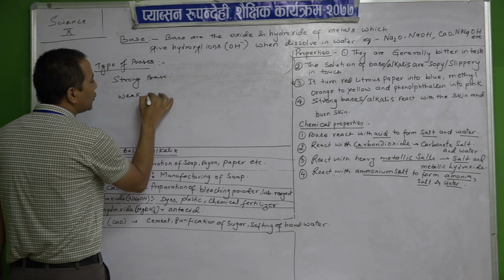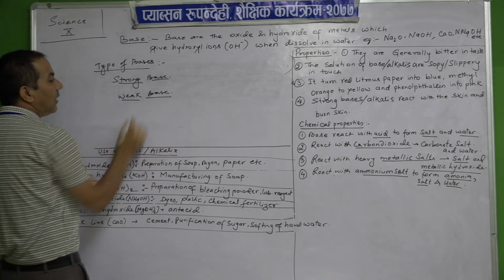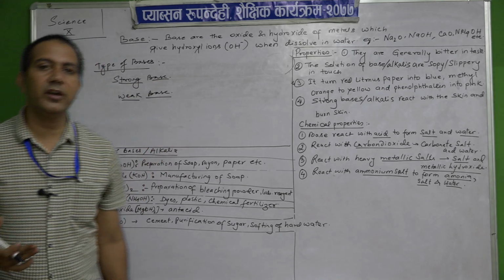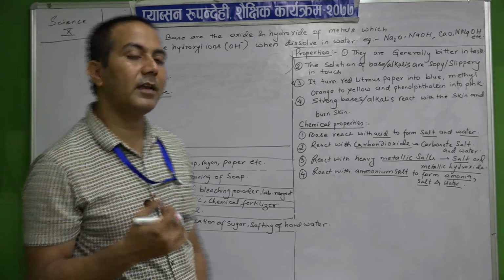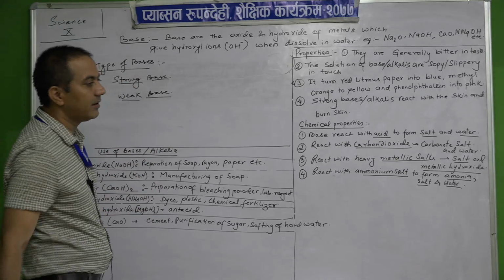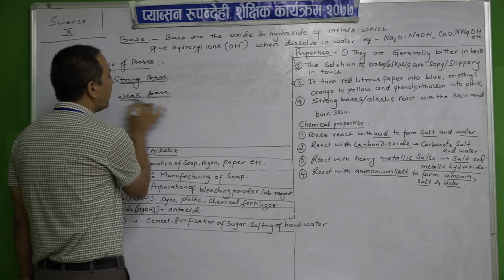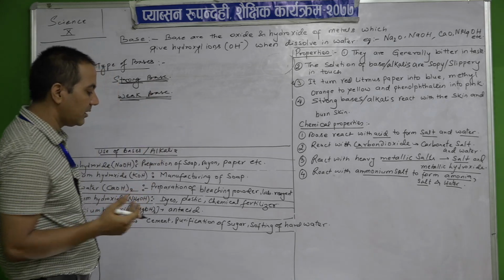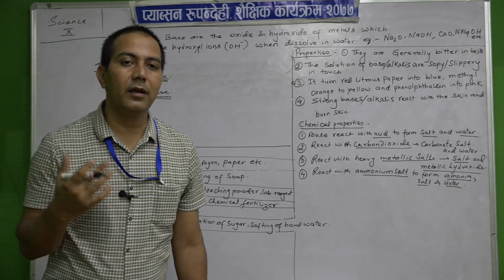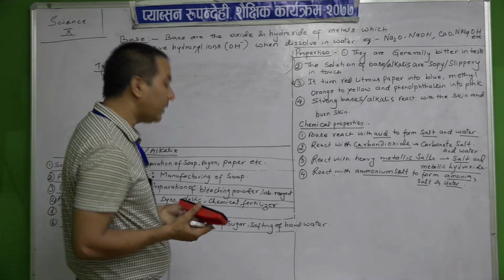There are also concentrated bases and dilute bases, which are nearly a similar category. So, we will study the strong base and the weak base. What does strong base mean, and what does weak base mean?